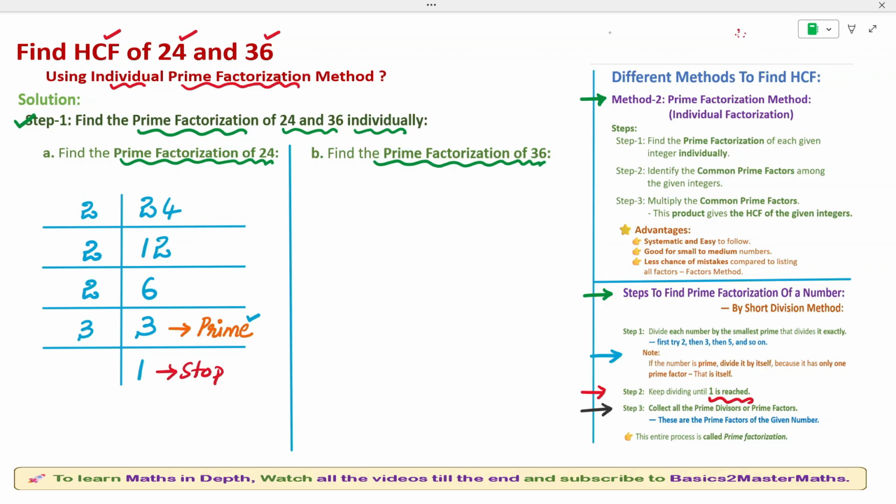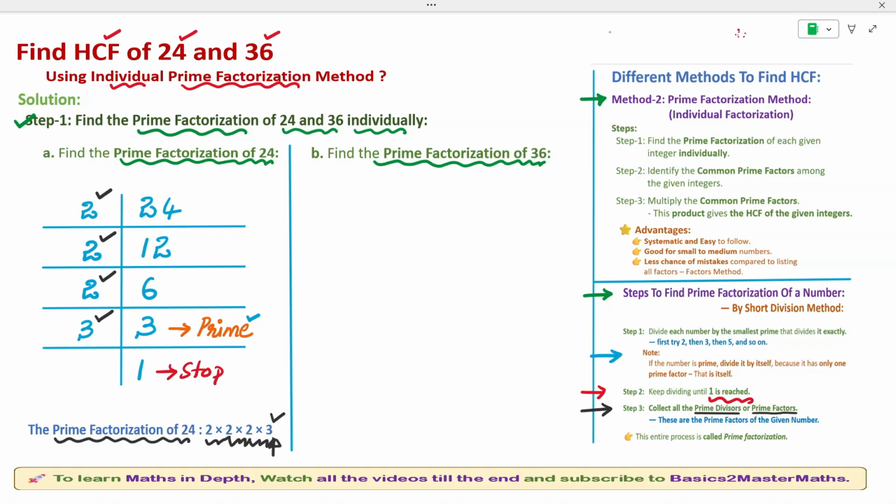Now collect all the prime divisors or prime factors. In this case, they are 2, 2, 2 and 3. So, the prime factorization of 24 is 2 multiplied by 2 multiplied by 2 multiplied by 3.